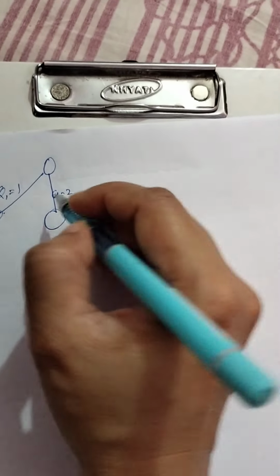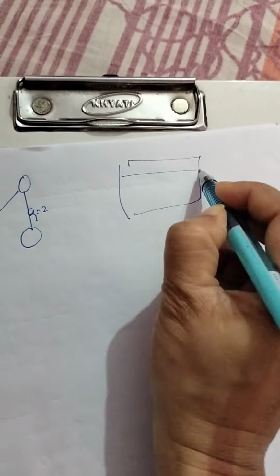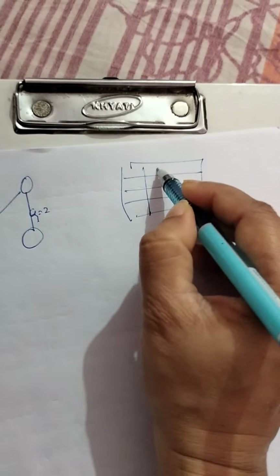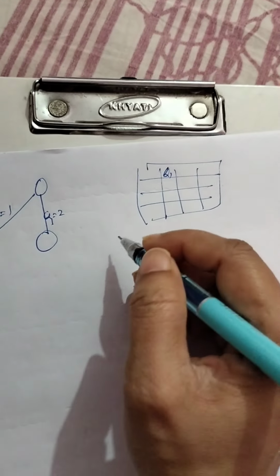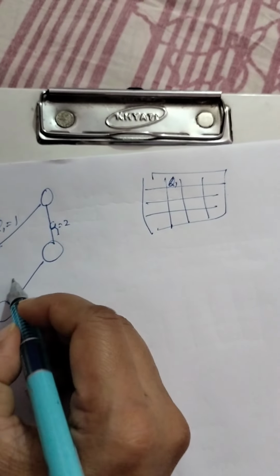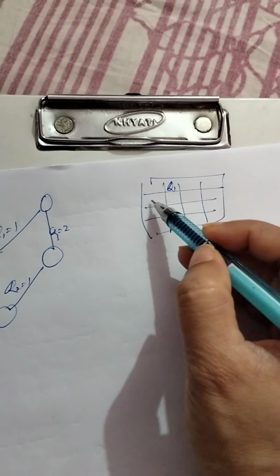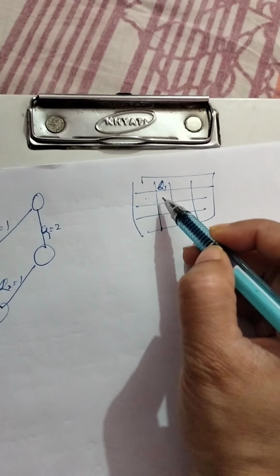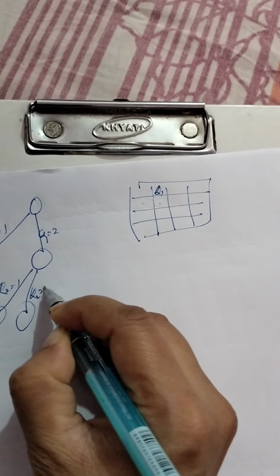That means we are placing Q1 in the second column. Now Q1 is placed. For Q2, can we place Q2 in the first column? No, because this is an attacking position. Can we place Q2 in second column?